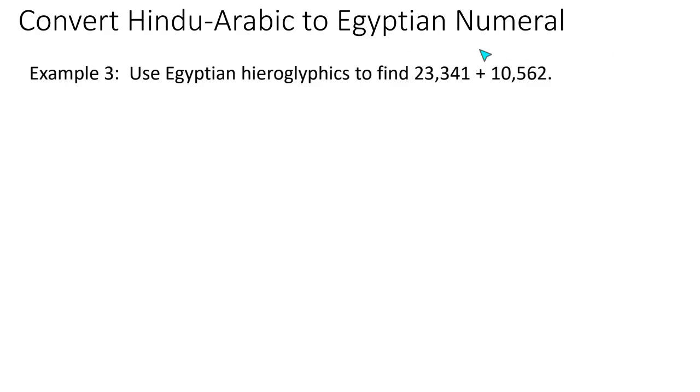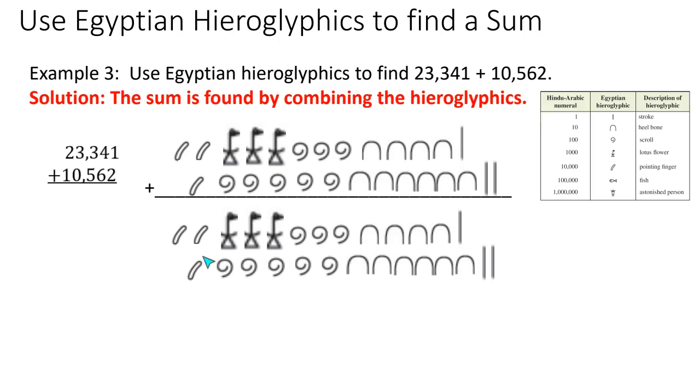So what if we want to add? So this should be example 5, but that's okay. So use Egyptian numerals to find 23,341 plus 10,562. And so what we can do is I'm going to just rewrite them. So I'm going to represent 23,341 in Egyptian numerals.